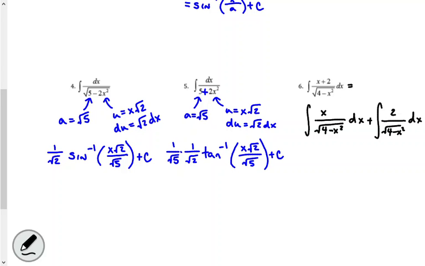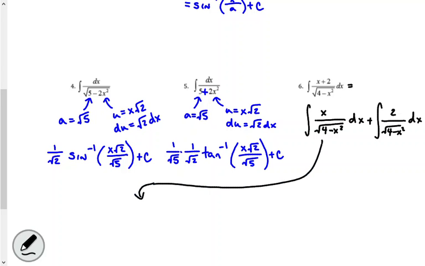So this one has x over root 4 minus x squared dx plus 2 over root 4 minus x squared dx. I just distributed the denominator to each part. I'm going to come over here and do this one over here.